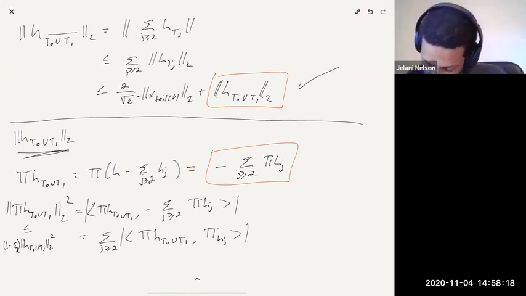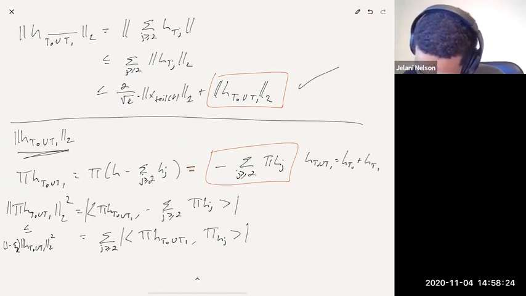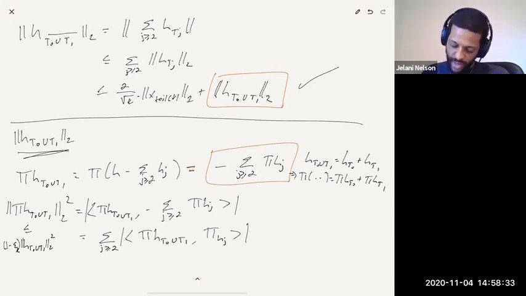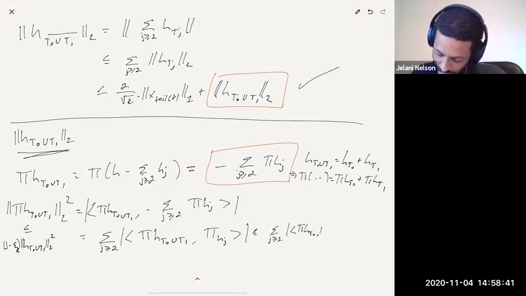And again, h of t0 union t1 is the same thing as h of t0 plus h of t1, which implies that pi times that thing is equal to pi h t0 plus pi h t1. So I can do that decomposition and use the triangle inequality. This is at most the sum over j bigger than or equal to 2 of the dot product of pi h t0 with pi h tj plus the dot product of pi h t1 with pi h tj.